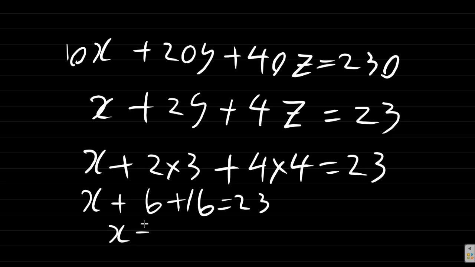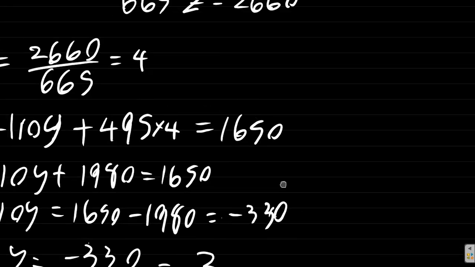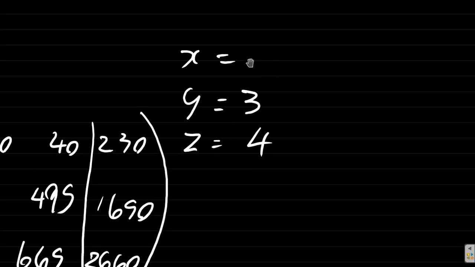X plus 22 equals 23. You know that 1 plus 22 is 23. Or you could say x equals 23 minus 22 giving you 1. Right? So x is 1. So there you have your answer. X equal 1, y equal 3, z equal 4.